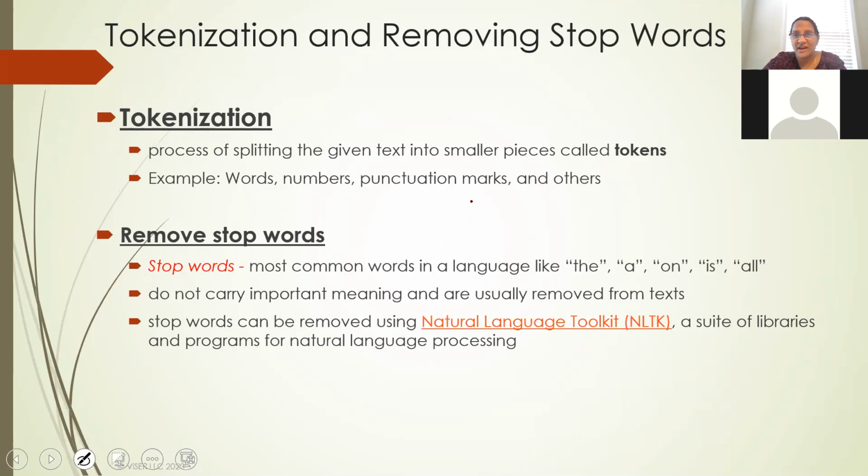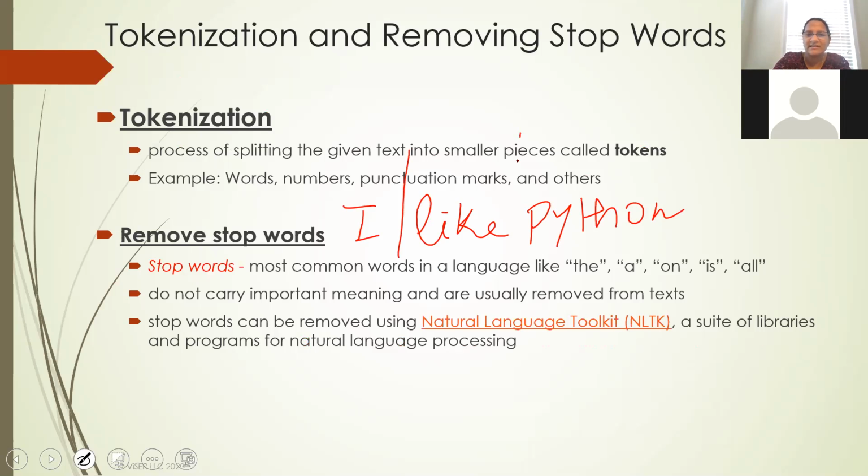Then tokenization and removing stop words. Now we will start using NLTK. Tokenization is a process. Suppose I give you this sentence, I like Python. Tokenization splits the whole sentence into different words and then stores them in a data structure which is called a list.